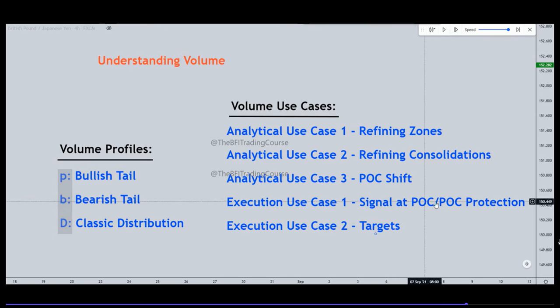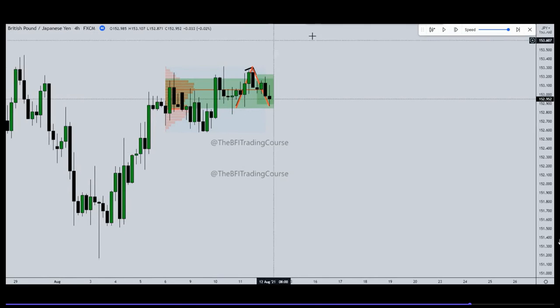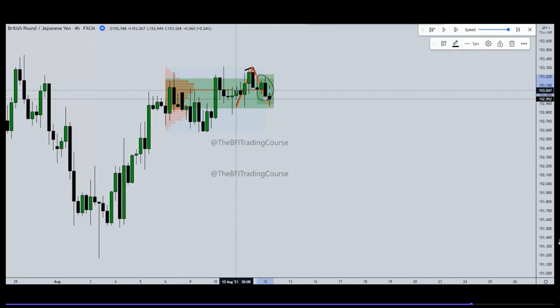which brings us to our next signal at the POC, POC protection, which is not an analytical use case, but we use it for execution, for a signal. Okay, so this is a bearish engulfing signal that printed at the red line POC. That is a signal.